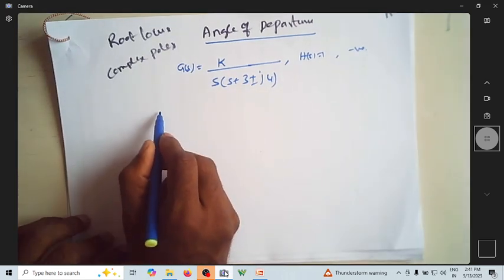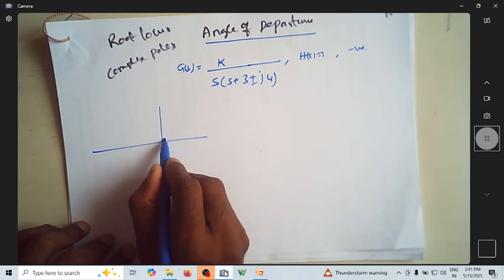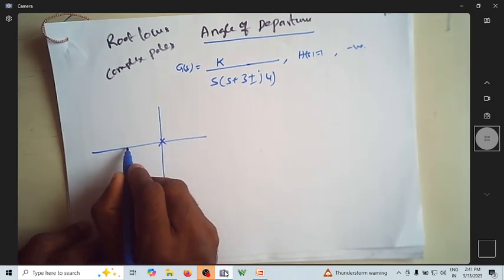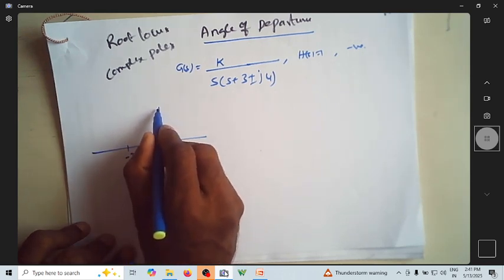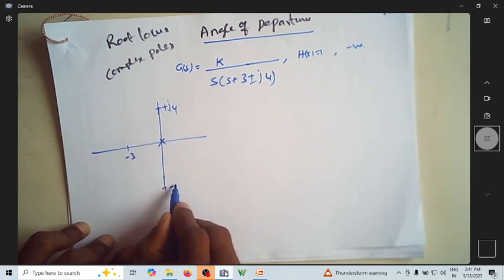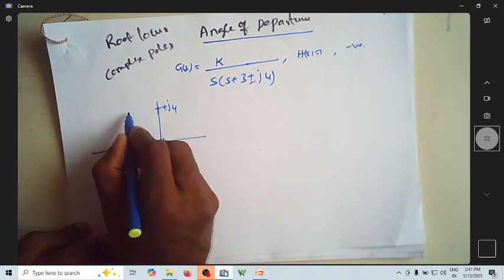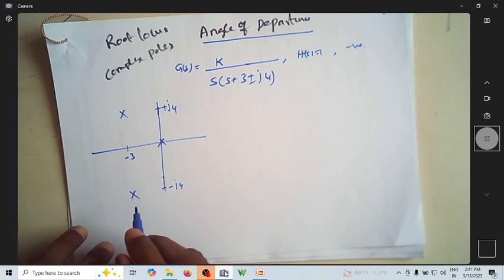We can locate the open loop poles at the origin, and at real part minus 3 with imaginary parts plus j4 and minus j4. The intersection of these two will come over here.